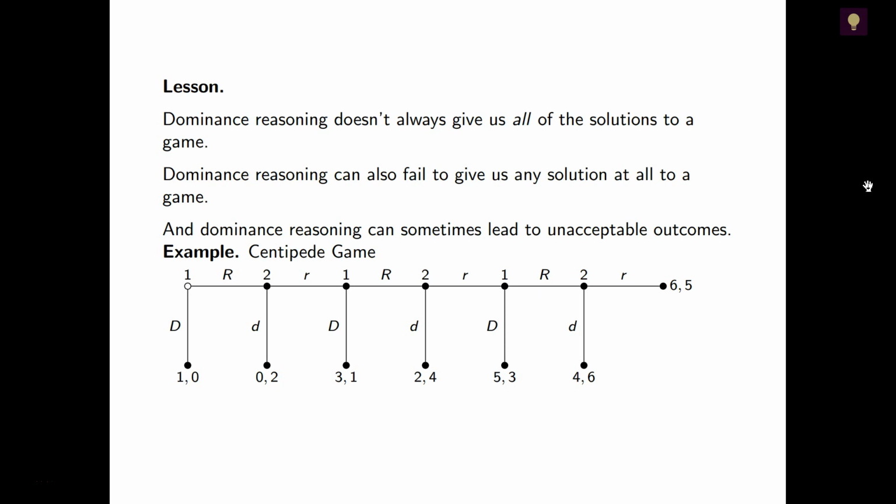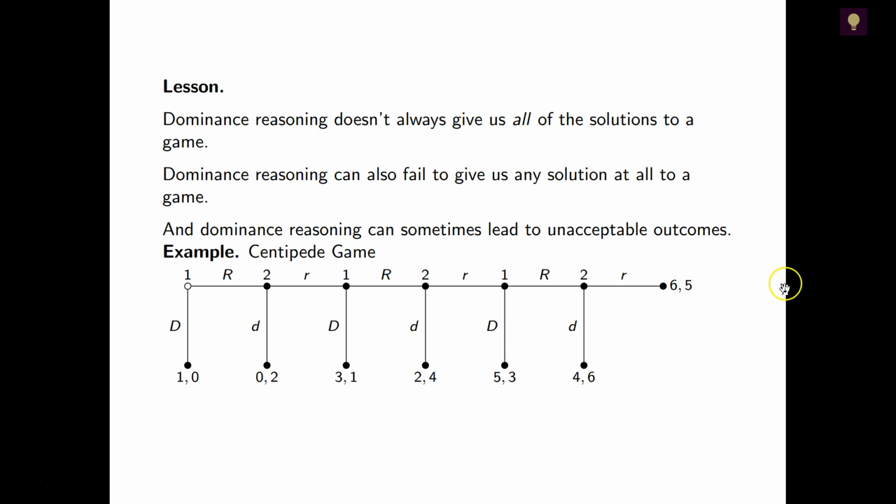At the first node, player 1 can either move down and take 1, 0, the outcome where they get 1 and player 2 gets nothing, or they can move to the right and allow player 2 to choose, either going down to the outcome where player 2 gets 2 and player 1 gets nothing, or player 2 can choose to move to the right and allow the game to continue, in which case player 1 then gets to choose either the outcome where player 1 gets 3 and player 2 gets 1, or they continue the game and allow player 2 to make the choice.